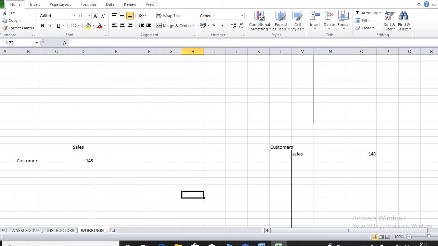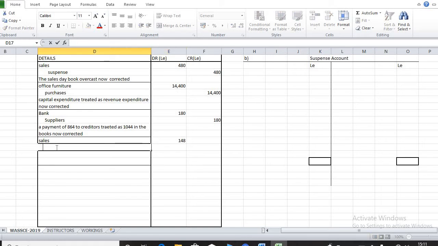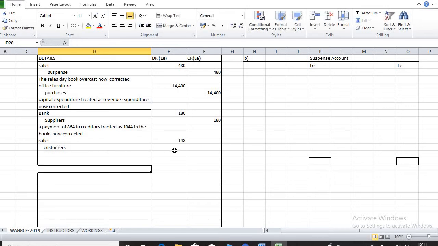And when you are done with that, you have to transfer it from your workings, or from the T account, to the journal, as I keep on saying, that's the requirement. So in writing up the journal, the account debited would come first, and the sales was debited. So the sales account was debited with an amount of 148. Then the customers account will follow, with 148. When you are done, don't forget your narration.